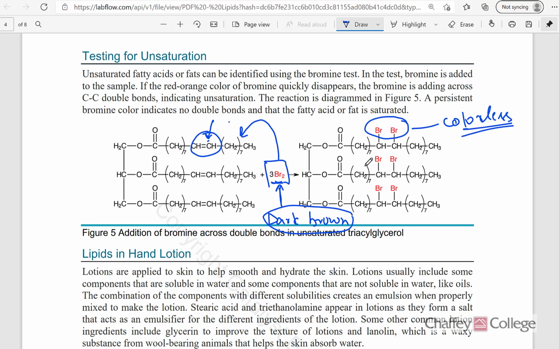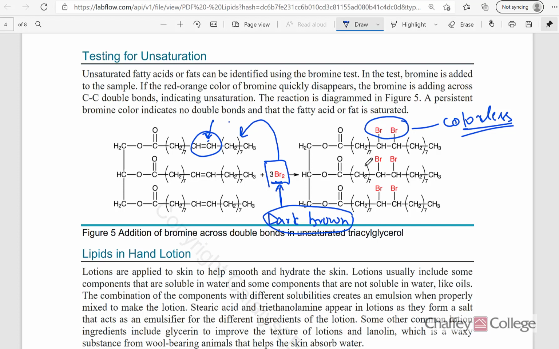So we add the brown bromine. If the color of bromine disappears, that means double bonds are present. If the color of bromine does not disappear, that means bromine is not reacting, so double bonds are not present. Another thing to notice here is if the fatty acid contains multiple double bonds, the color of bromine will disappear faster or more rapidly.